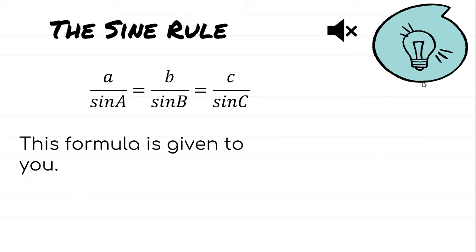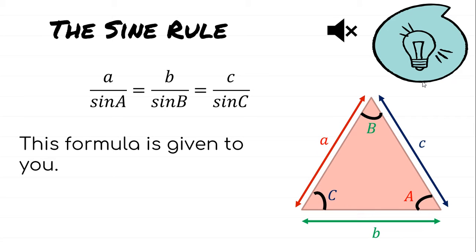This formula is given to you in the test, and it's important that we just understand exactly what all these letters actually mean. So A, B, and C are the sides of a triangle. So, for example, this triangle here, you've got an A, B, and a C. These are just the lengths of the sides. The capital letters are the angle that is opposite that side.